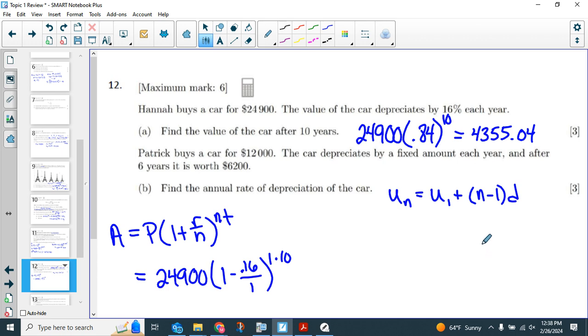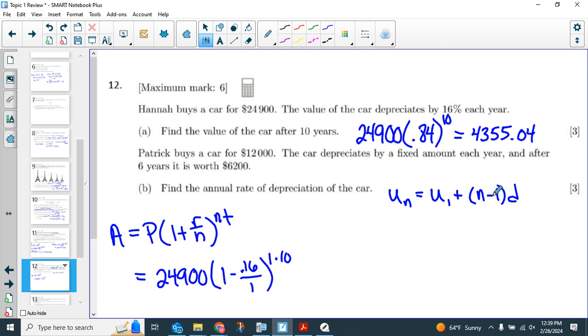All right. Now we know that each year and after 6 years, all right. So, I guess what we need to talk about is, do we consider 12,000 to be u sub 1, right? Or not, right? Technically, 12,000 would be after 0 years, right?